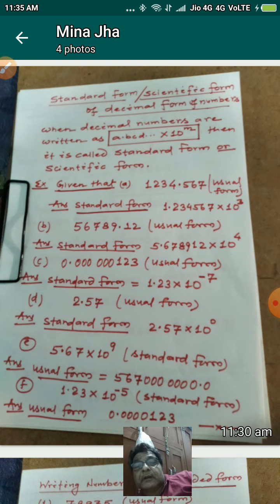So for both the classes it will cover how given decimal numbers can be written in scientific form or standard form. The decimal numbers we have been given are in ordinary form, which mathematically is called usual form.